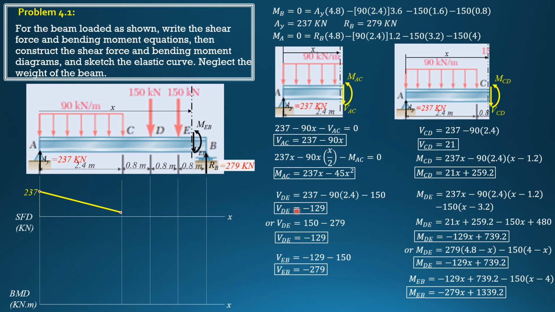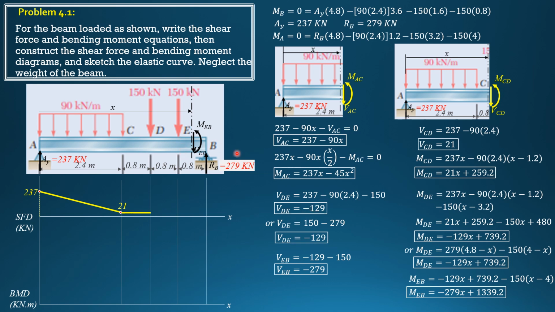Shear in DE is negative 129 when x is 3.2. So from 21 it abruptly changes down to negative 129. Then when x is 4, at E, it is still negative 129. So horizontal, constant.